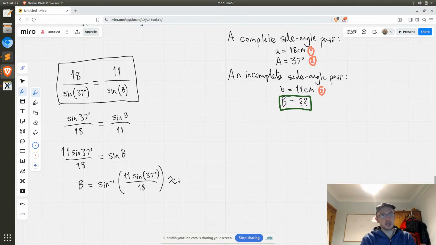And if I work that out on my calculator, and I would need my calculator for this, you get about 21.58 degrees.